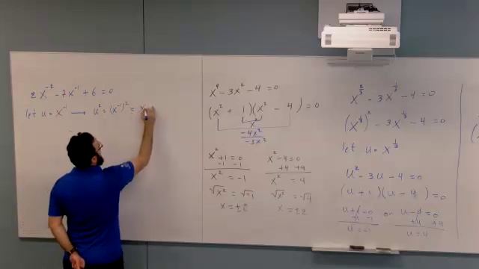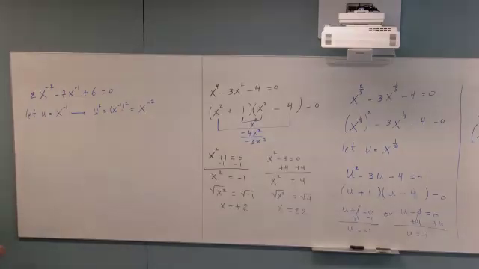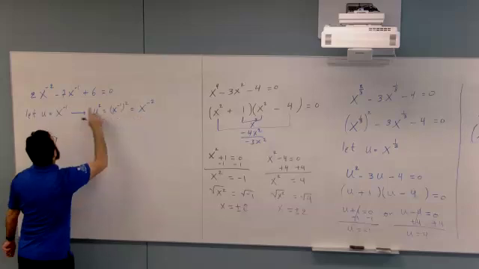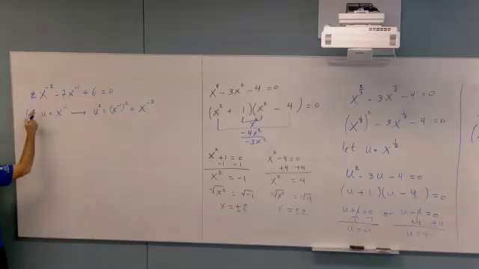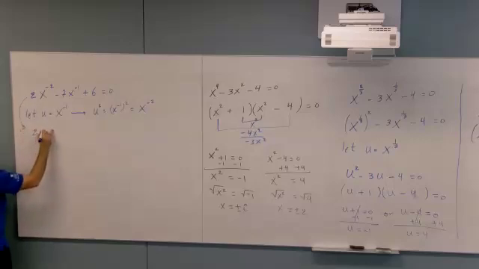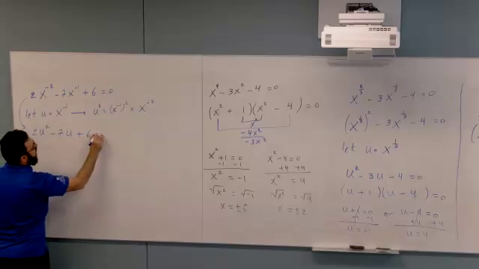Which is the same thing, x to the -2. That means u squared is this one, and this one is going to be u. So this equation is going to be 2u squared minus 7u plus 6 equals 0.